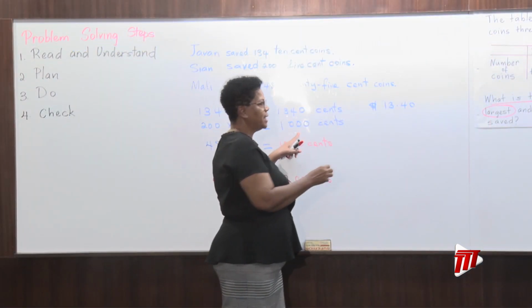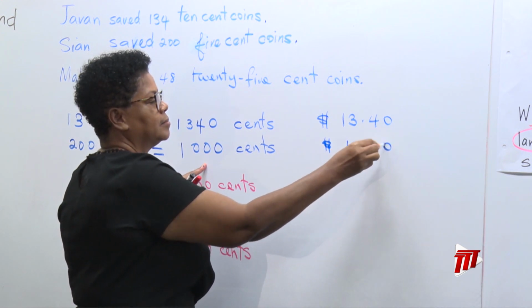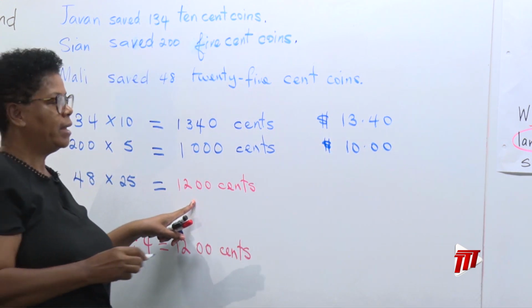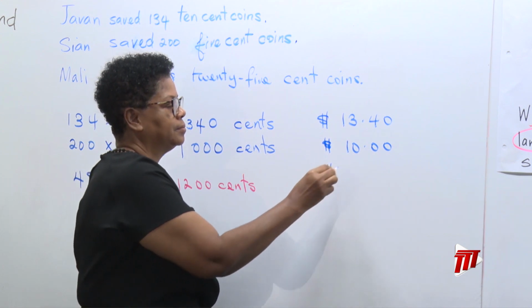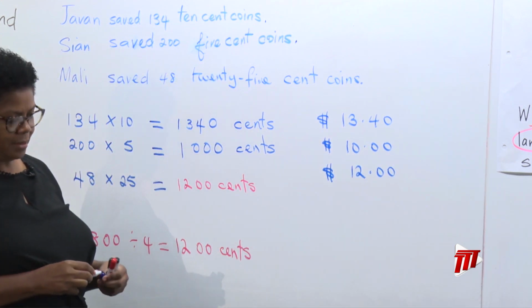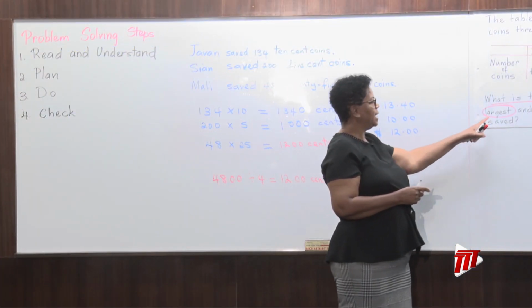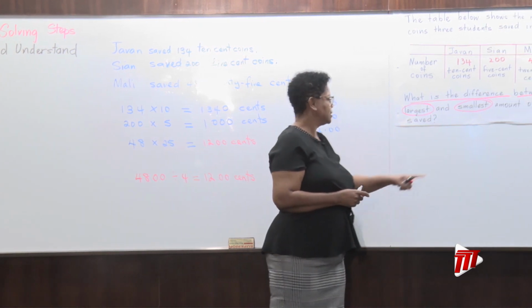The 1,000 cents becomes $10. And the 1,200 cents becomes $12.